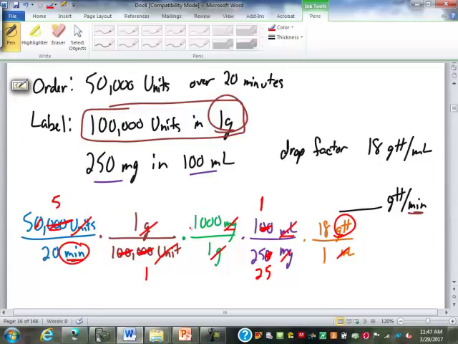We have 5 times 1 times 1,000 is 5,000, times 1 times 18 is going to be 90,000 drops. On bottom, we've got 20 minutes times 1 times 1 times 25 is going to be 500 minutes.